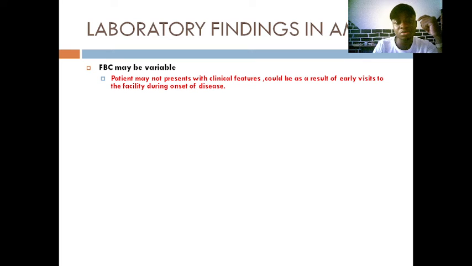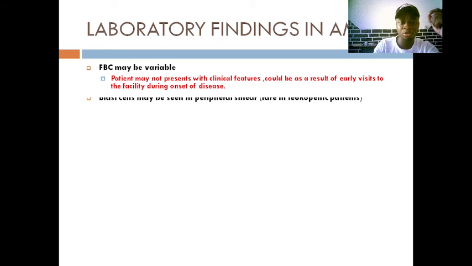When a patient visits the hospital at an early stage of the onset of the leukemia, you run a full blood count, but the patient may not present with features like anemia, thrombocytopenia, or neutropenia, because at the time of onset, the malignant cells have not begun to initiate their effect. You understand that? So you may not see any such features, but that doesn't mean the patient is not leukemic.